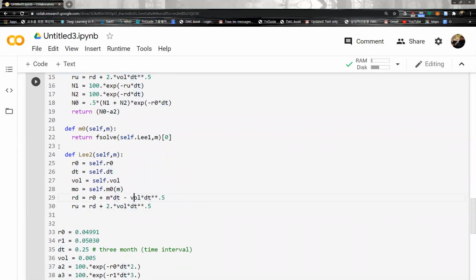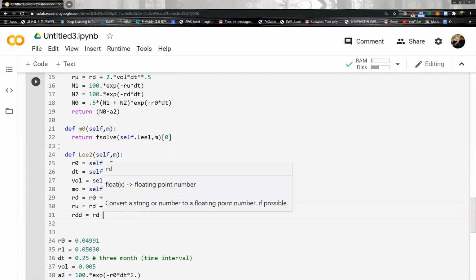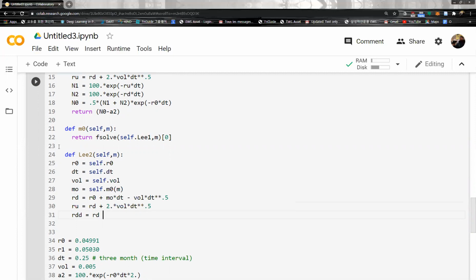And here, this is M0, because you already know this one. And then now RDD is from RD. We go down again, right? We go down again.